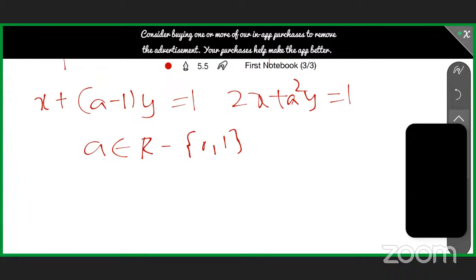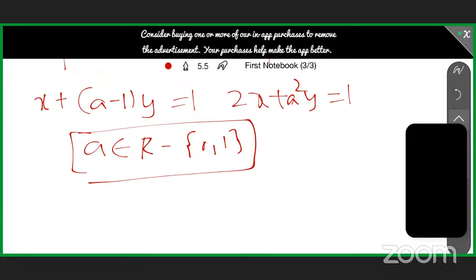That is what they are telling you, sir. My a belongs to the set of real numbers except 0 and 1. They have given the two line equations x plus (a minus 1) y is equal to 1 and 2x plus a square y is equal to 1, where a belongs to real numbers except 0 and 1.